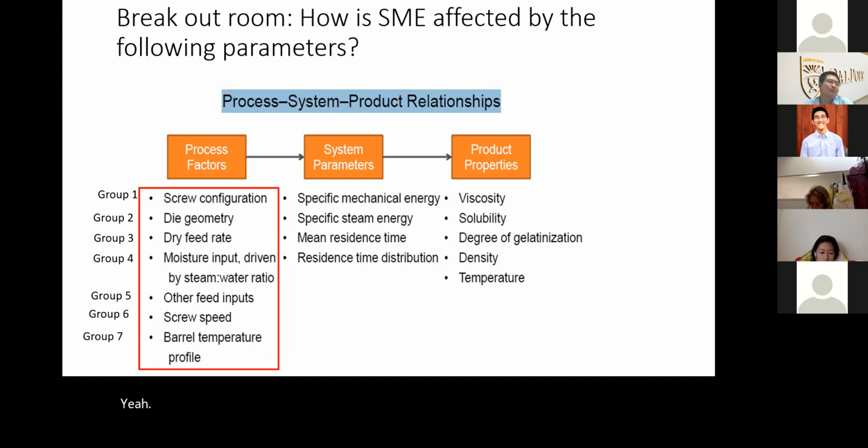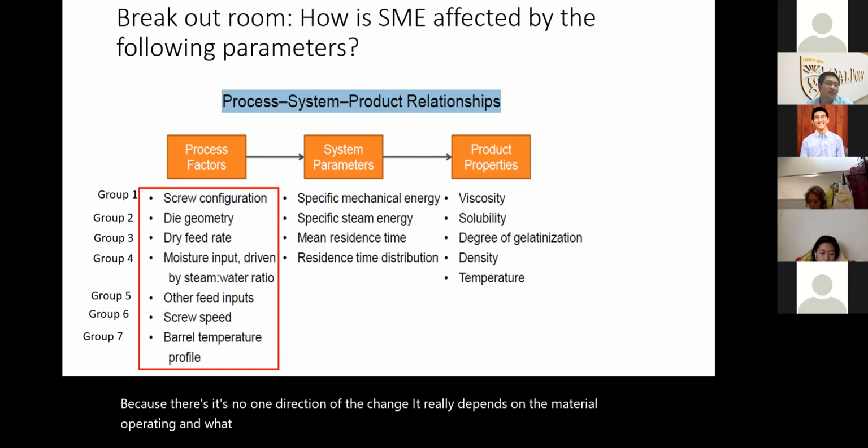Right. So this one is also very tricky because there's no one direction of the change. It really depends on the material you are operating and what temperature you are trying to achieve, right? I think Abby, your group answered very well, because it depends on the viscosity of the material being processed and how much you want to adjust the temperature. For example, if we change the temperature to a burning temperature, probably everything will be jammed.